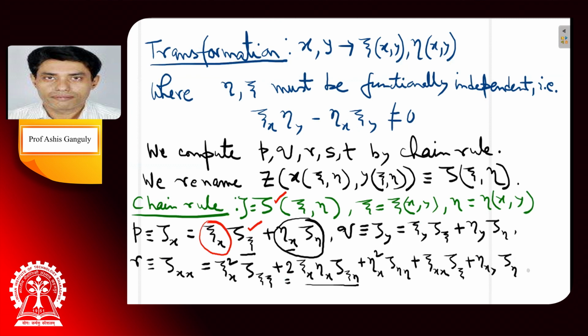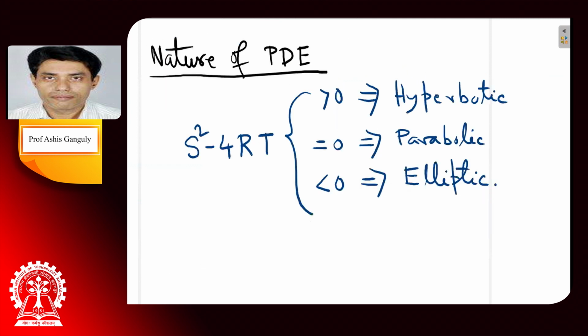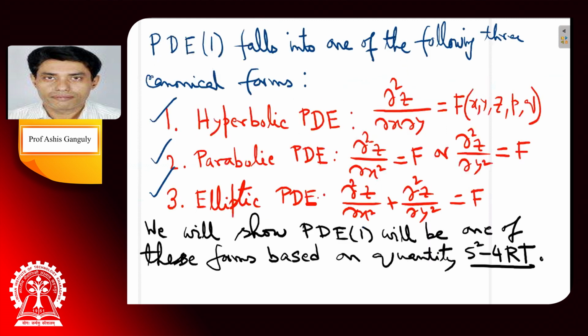In the next page, I need to compute two more terms, s and t. So before going there, let me label these equations. So far I labelled it as 1 only. So we may label it as 2a, 2b, and 2c.